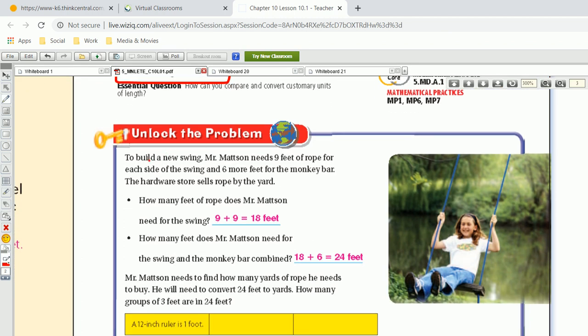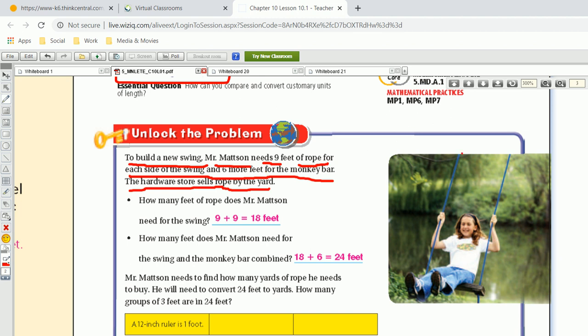Okay, let's read this story. To build a new swing, Mr. Mo'men needs 9 feet of rope for each side of the swing and 6 more feet for the monkey bar. The hardware store sells rope by the yard. So we have here feet and yards.